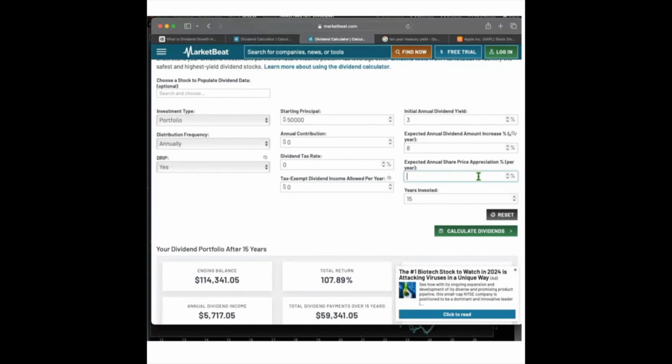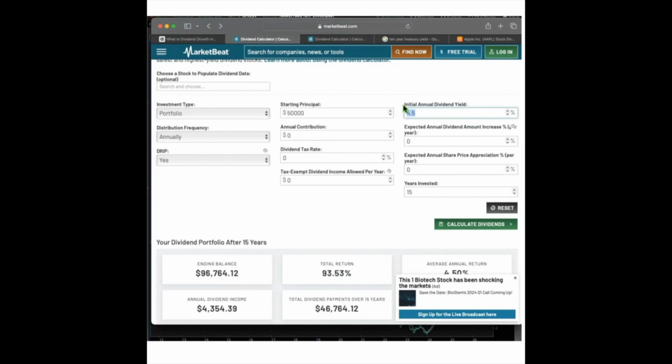Okay? So, just to remind you guys, we had the T-bill example, 50,000 principal. We did a 4.5% starting yield, no increases and no share price appreciation here, 15 years. And then here we are doing the dividend growth example, guys.